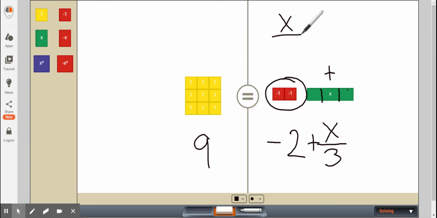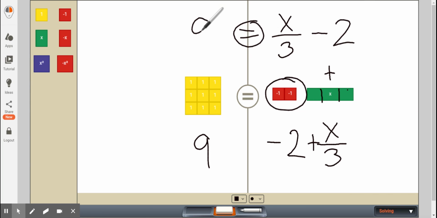And we can actually do x divided by 3 minus 2, and that's equal to 9 on the other side. So the x is positive and the 2 is negative, or we're subtracting, and that would be equal to the expression down below, where x divided by 3 is positive and the 2 is negative, and we would still end up with the same result.